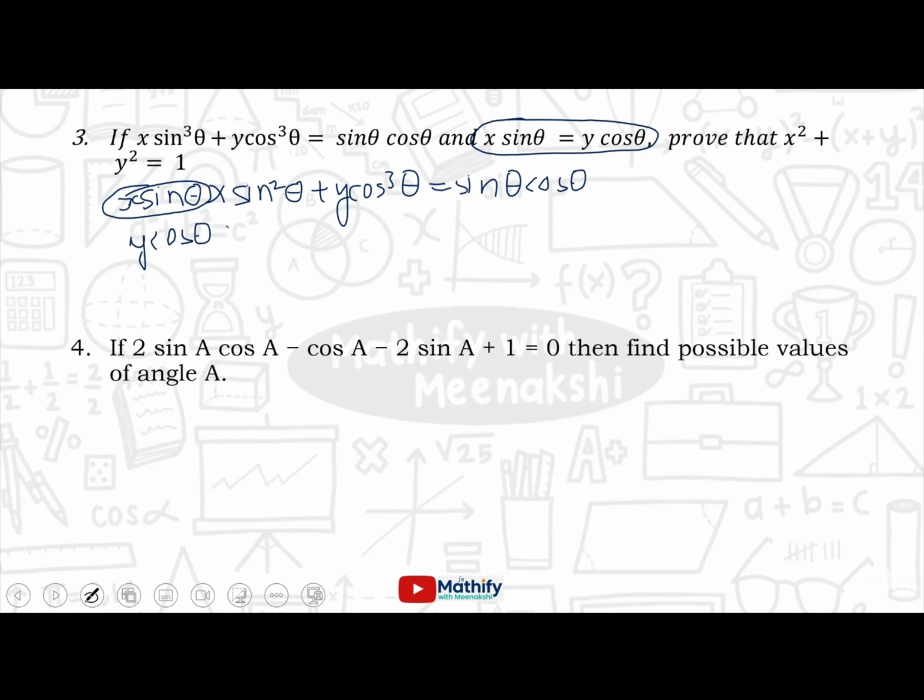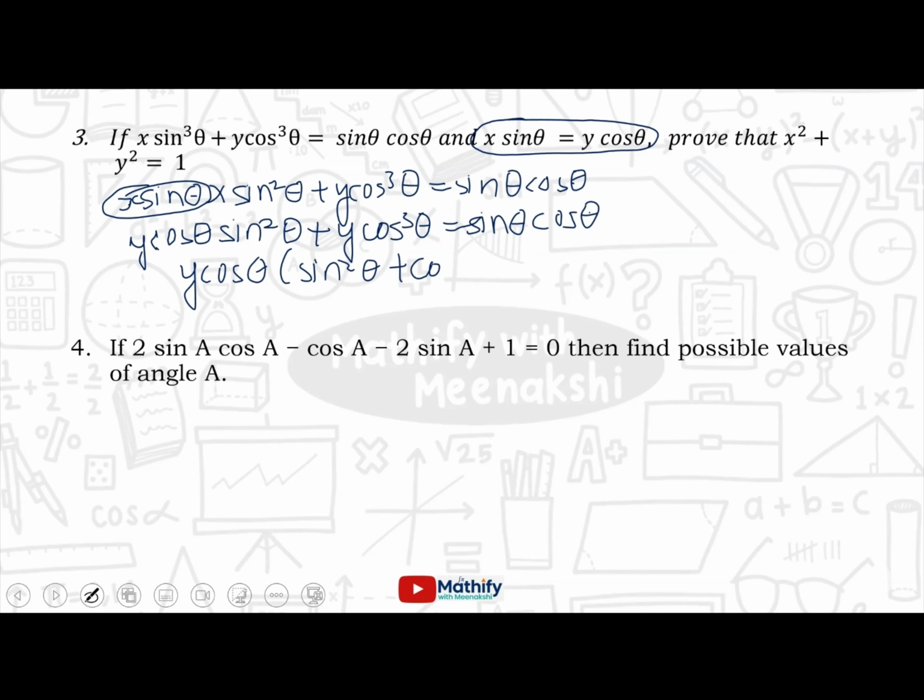Y cos theta sine square theta plus y cos cube theta is equal to sine theta cos theta. Now can we do something here? Just think. We can take y cos theta common. So we are left with sine square theta plus cos square theta. And here sine theta cos theta. If you realize something here, it's 1. So that means y cos theta is equal to sine theta cos theta.